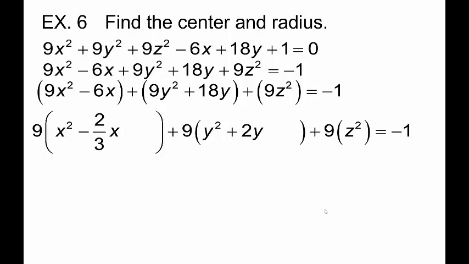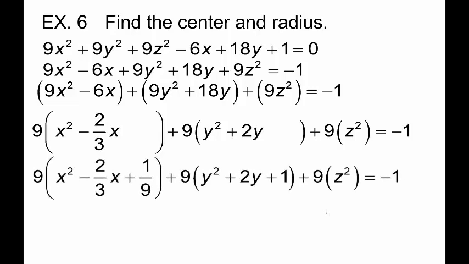Okay, so now we need to complete the square. So remember, it's the number in the middle divided by 2 and squared. So if I take negative 2 over 3 and divide by 2 and square it, then I'm going to get 1/9. So think of it this way.